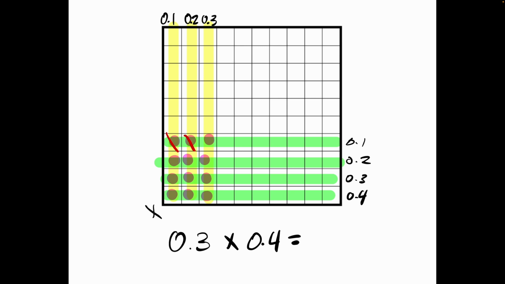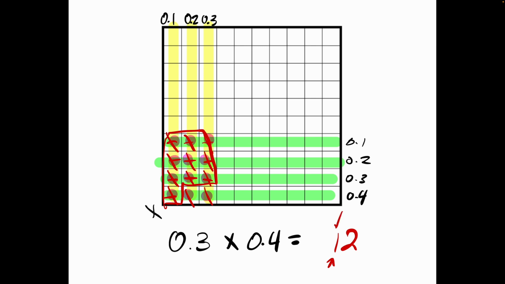Now our solution is going to be the ones that cross. 1, 2, 3, 4, 5, 6, 7, 8, 9, 10, 11, 12. 12. Now, inside the number 12, we have 1/10. 1, 2, 3, 4, 5, 6, 7, 8, 9, 10. So we have 1/10.